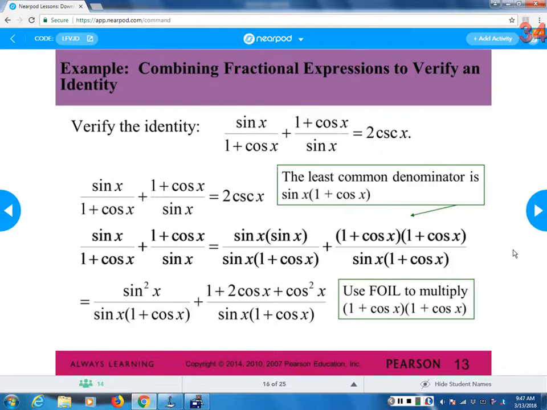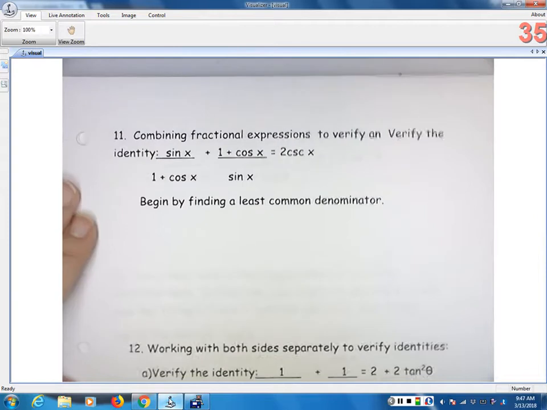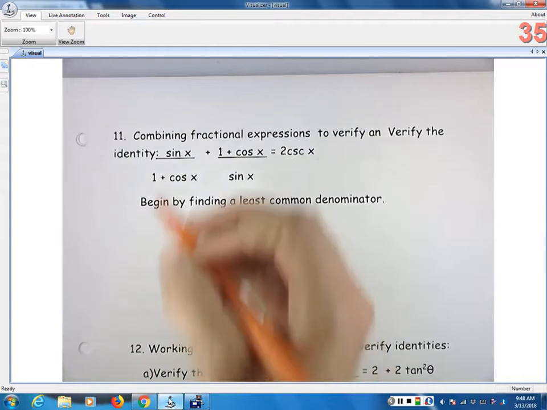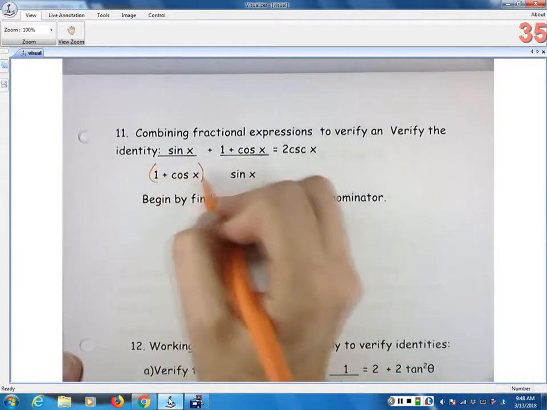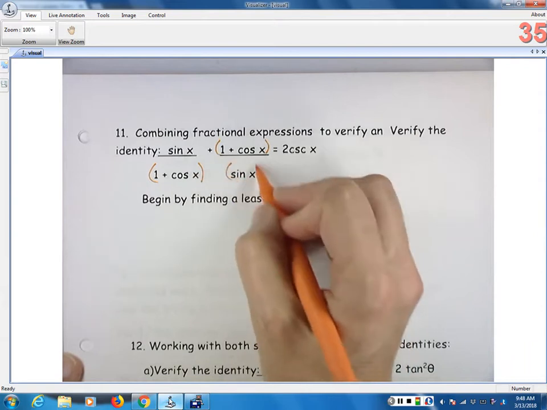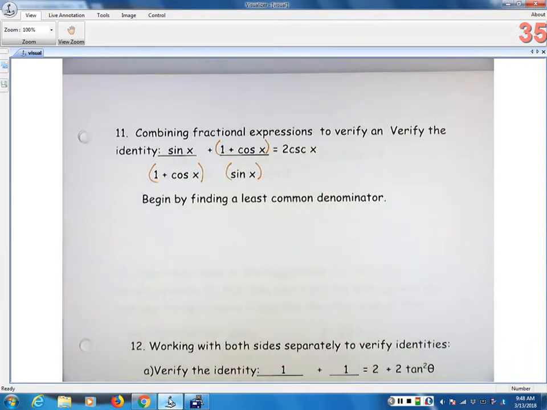Okay, back to verifying identities. We're going to combine fractional expressions to verify an identity. This is sine x over 1 plus cosine x plus 1 plus cosine x over sine x equals 2 cosecant x. So, what's the LCD?